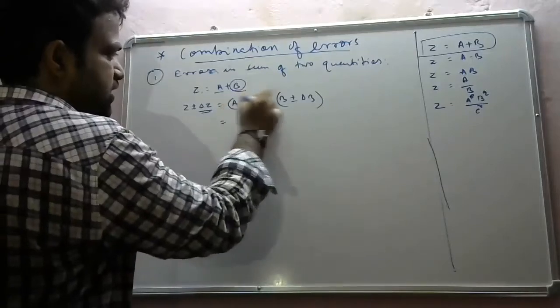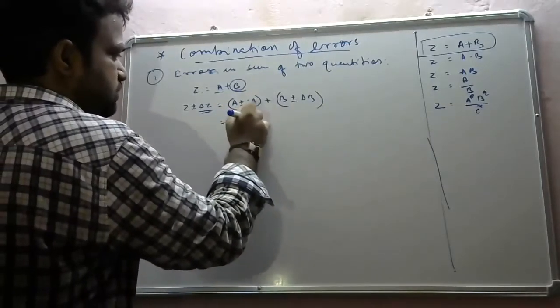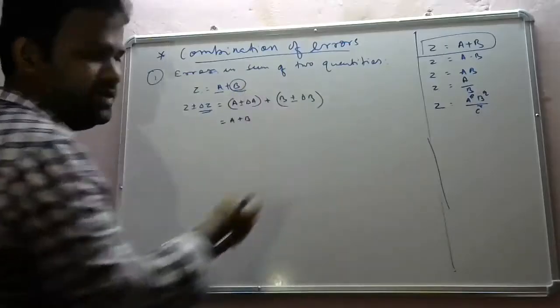So then we can write A plus B like this, and the error part we can separate out.